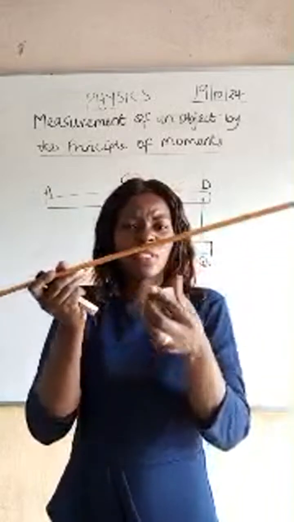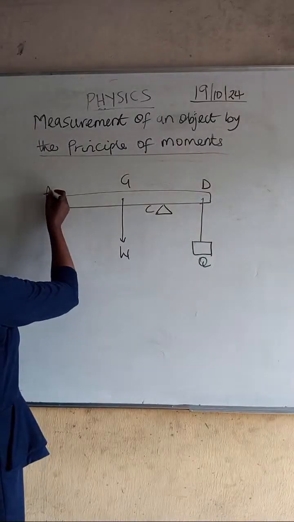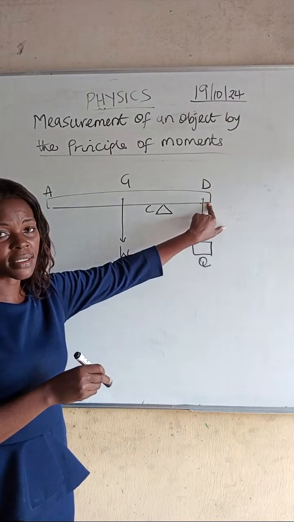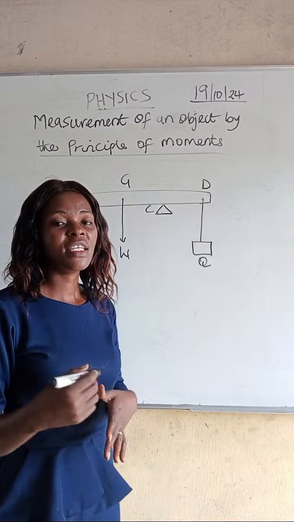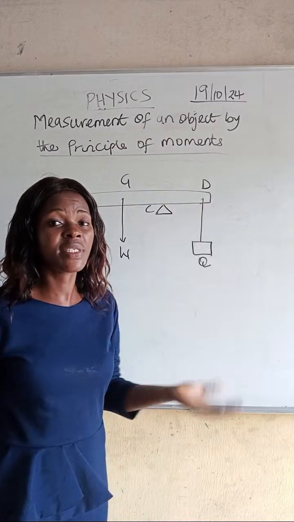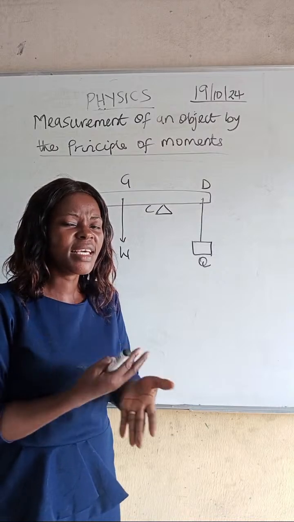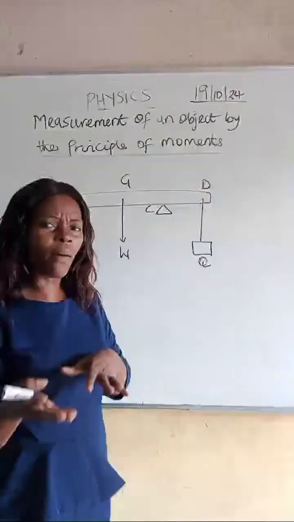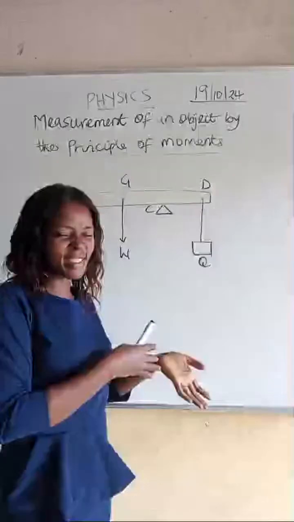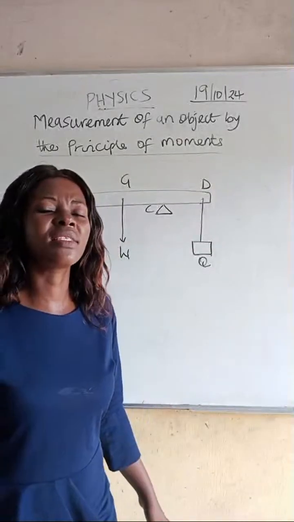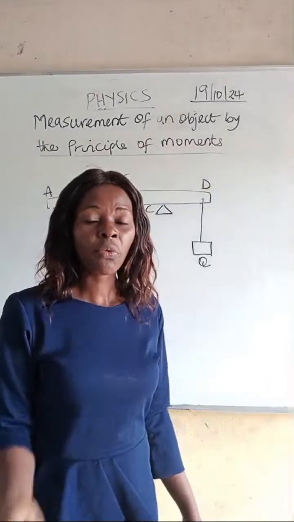Why did they put this pivot on 40? This is a meter rule, a force of Q. You know already that the midpoint of a meter rule is 50. They now put it either lower or greater than 50, and you're asked to find the weight or the mass of this meter rule.